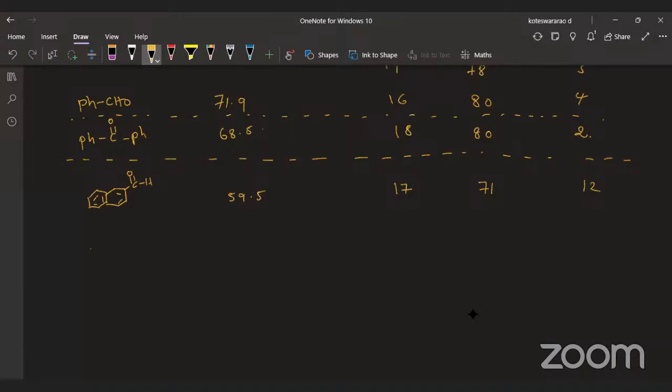Similarly, if you are using alpha-naphthaldehyde, this is the alpha-naphthaldehyde. It can transfer 56.3 kilocalories per mole.